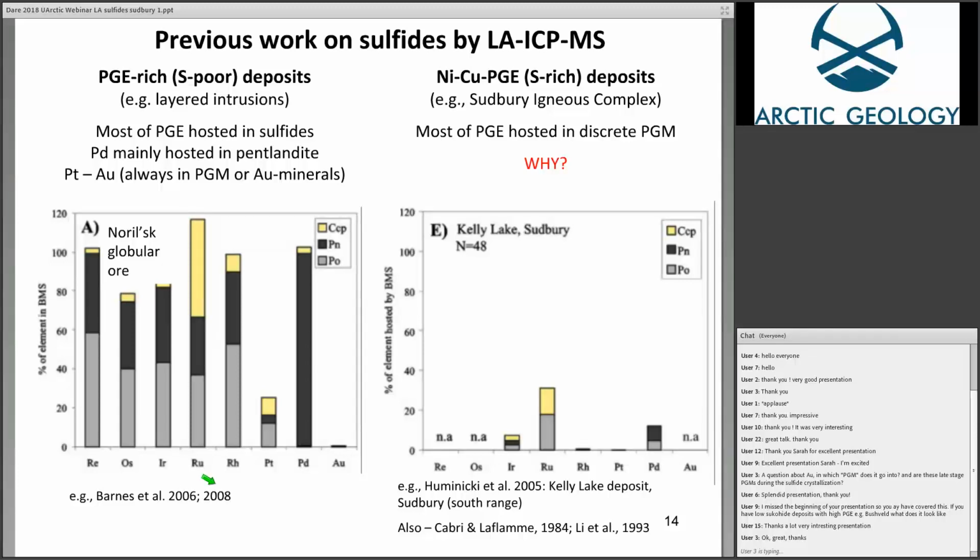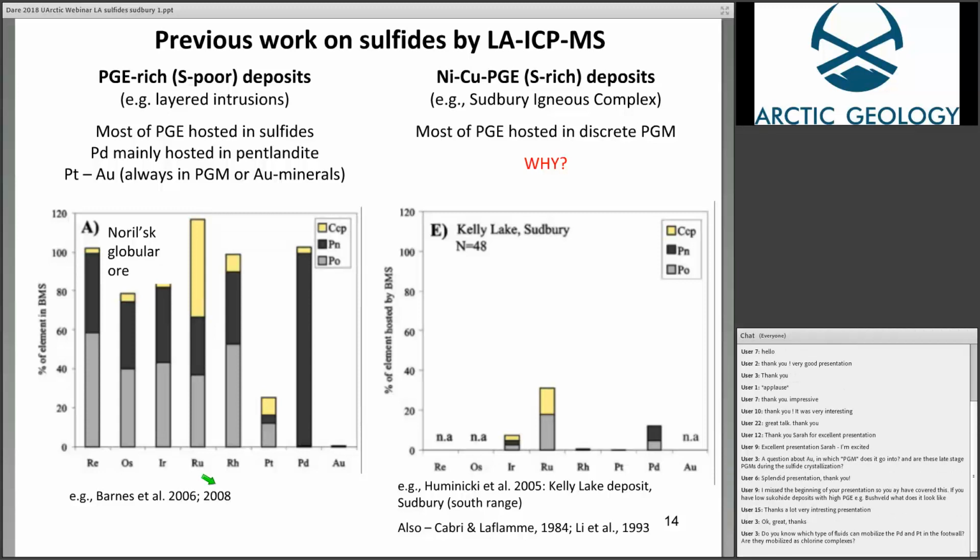You reach sulfide saturation internally in the magma. You don't need an external source. I think it's the low concentration of arsenic and semi-metals, and the time, means that the PGM just aren't forming as much, apart from platinum. Platinum just never seems to want to stay in a sulfide. It will always just dissolve or crystallize out. But the other elements, if there are no semi-metals around, like arsenic and antimony, are fairly happy to stay in the base metal sulfides.